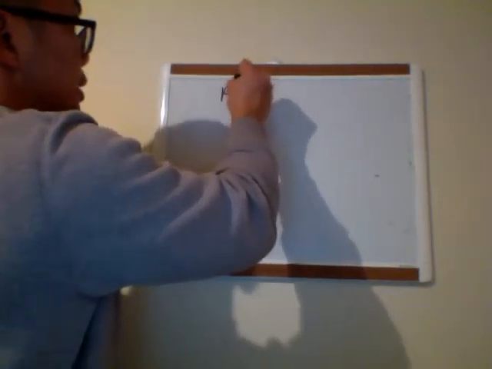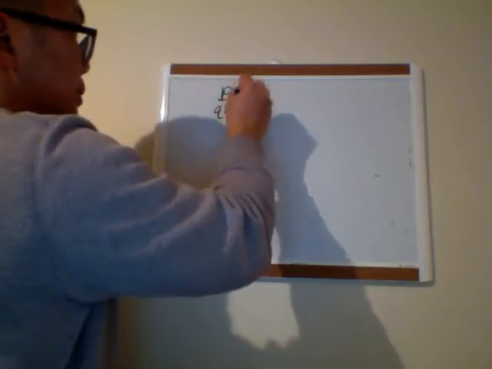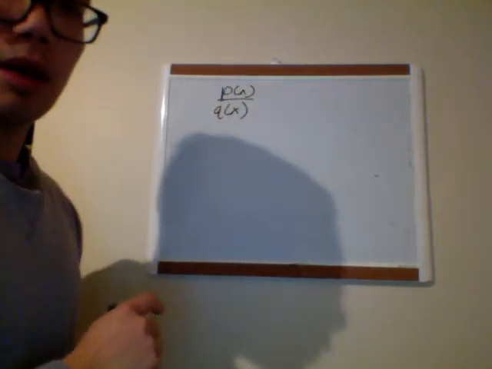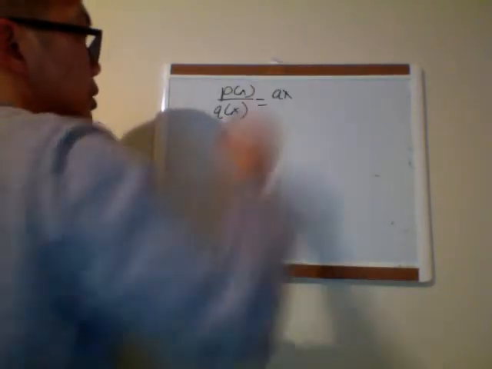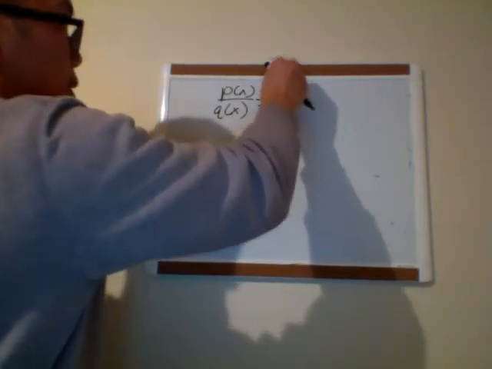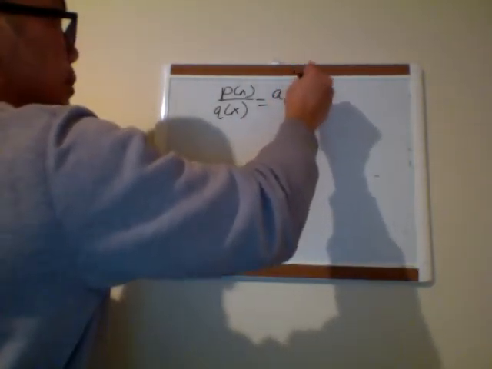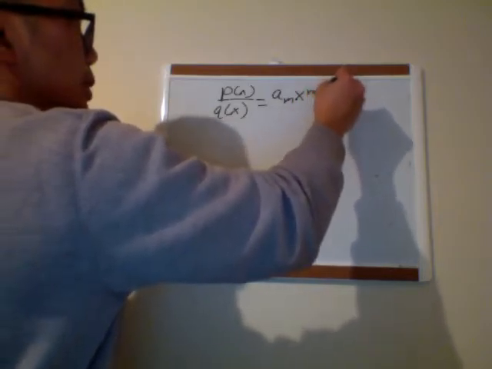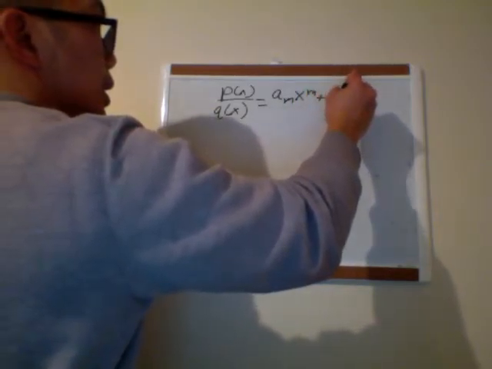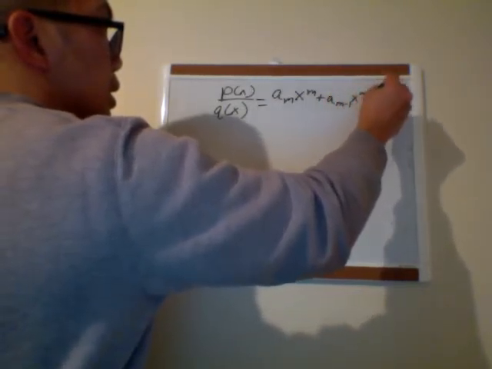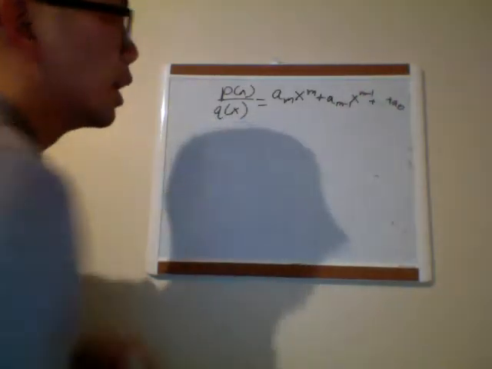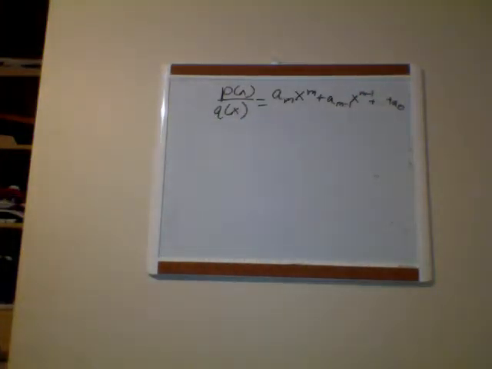The first scenario, so remember, a rational function is p of x over q of x. And let's make this polynomial, p of x, start with a_n x^n plus a_(n-1) x^(n-1) all the way to a_0.